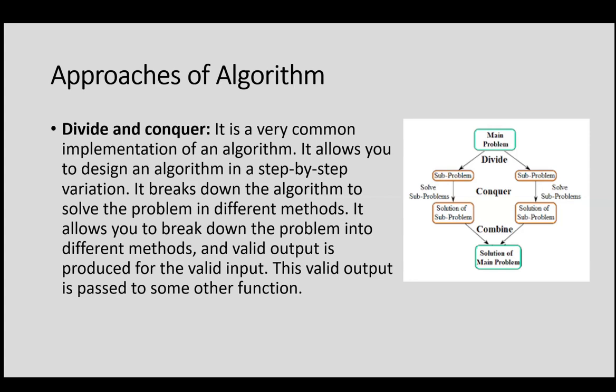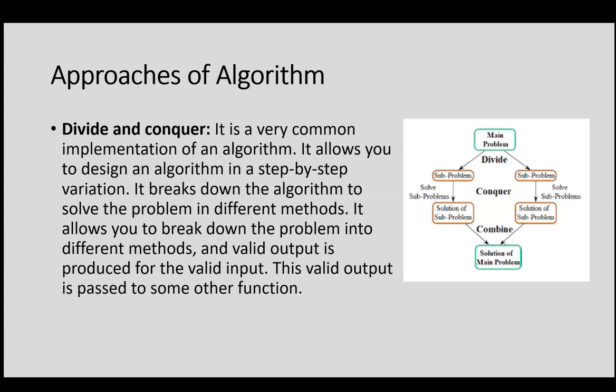We all know that. Now there are some algorithms which work with this approach, which is divide and conquer. It means first you divide the problem into halves or different steps, and then you combine them all together. That is nothing but divide and conquer.